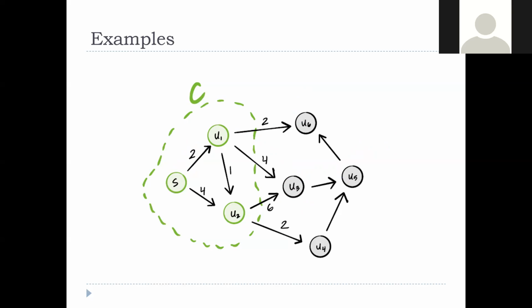In general, if I have a path that stays inside set C, and I first go out and then come back, and then go out again, this is also not an exit path, because the exit path says that you have to first stay in C and then leave the set C only once, the first time you leave C. So this is not an exit path either. Those are just some examples.